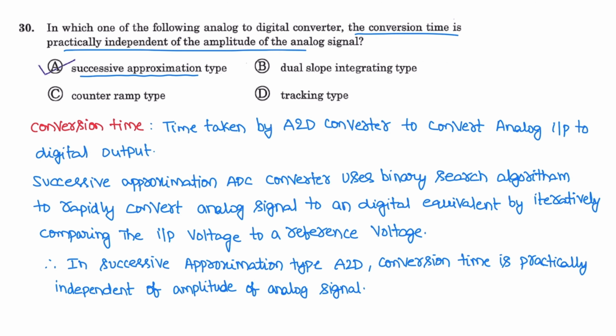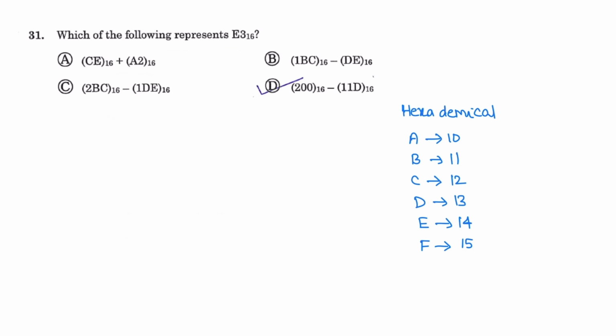Next question. Which of the following represents E3 base 16? So therefore choose option D. From option D, they have given 200 base 16 minus 11D base 16.